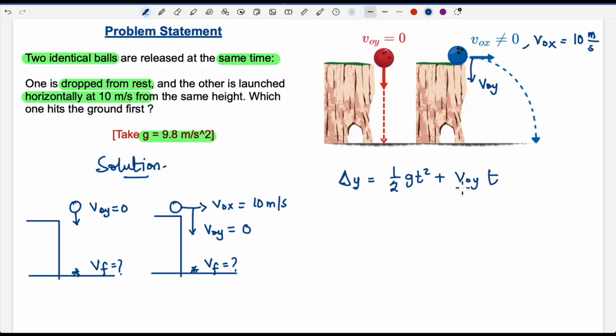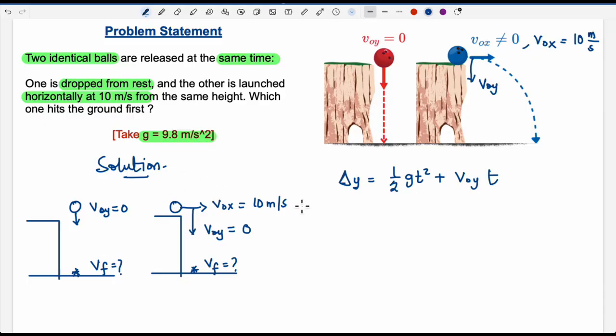In both cases, both balls have the same initial vertical velocity, and they are both acted upon by acceleration due to gravity, which is vertical. So we use the same equation to determine how much time it would take each of these balls to hit the ground. The one with the shortest time is the one to hit the ground first.